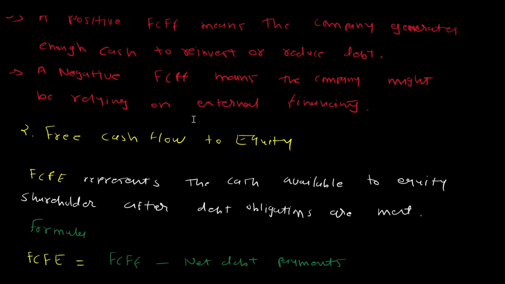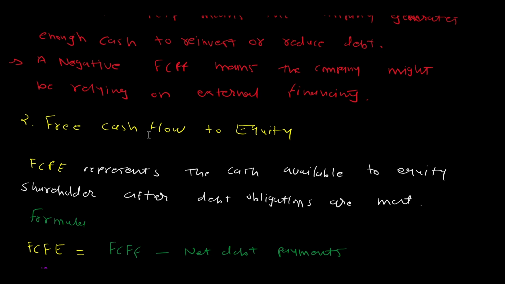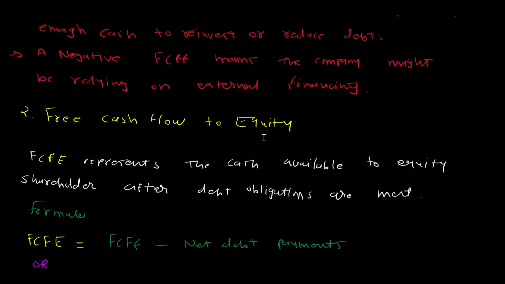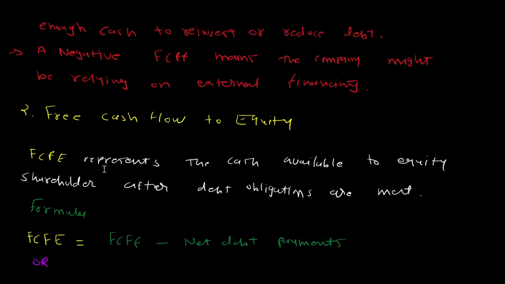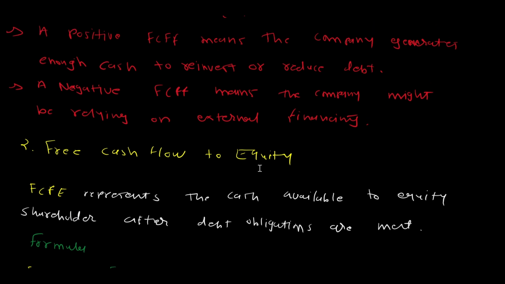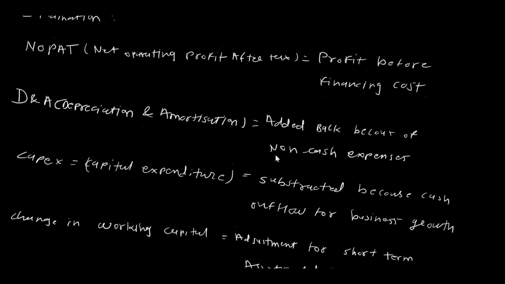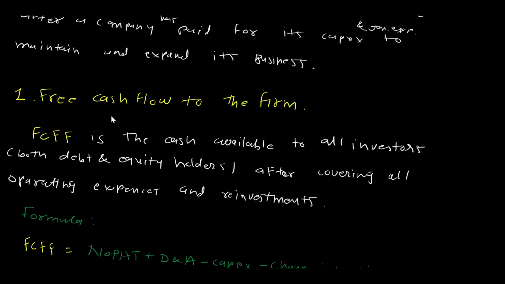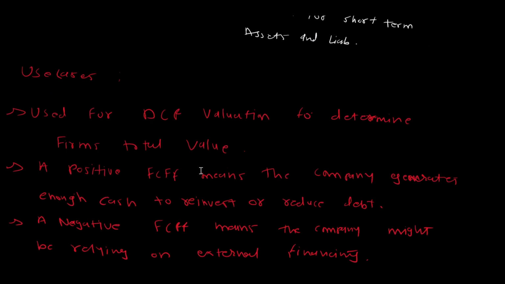Then comes the second part, free cash flow to the equity. FCFE represents the cash available to equity shareholders after debt and obligations are met. Means this is the cash available only for the equity, whereas FCFF is available for the debt holders and equity holders.